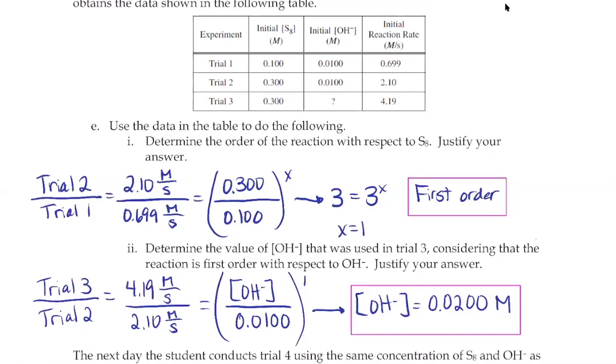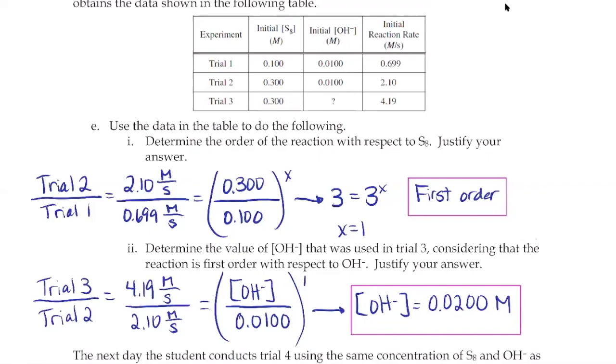What you're going to do is set up a ratio of the rate for one trial versus the rate of the other, and set that equal to the ratio of the molarities of those two trials raised to some exponent that I just called x. The orders are all exponents, so we're trying to figure out what that exponent is.